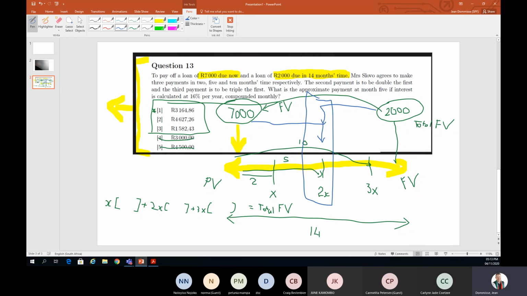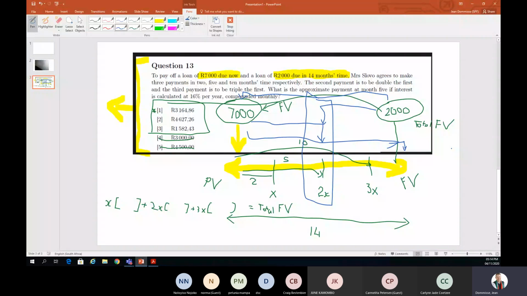What you can also do is move everything to the present and then use the present value with all of the three payments, and you will get a value. Or you can move everything to the future point, which will then be your total future value, and again use all 3 points and get the same. So there's actually 3 ways of doing it. So it's interesting, the method.